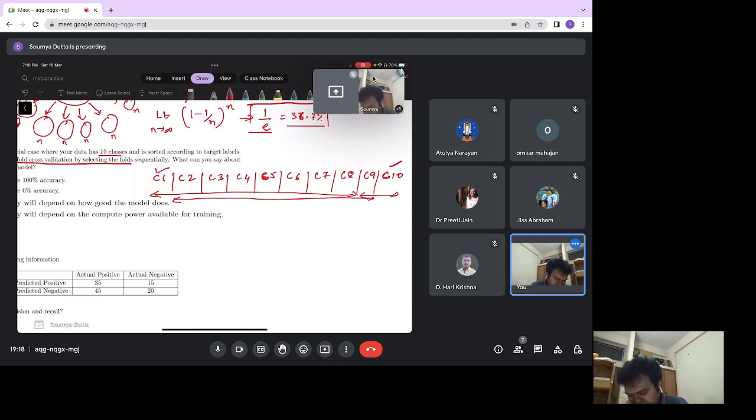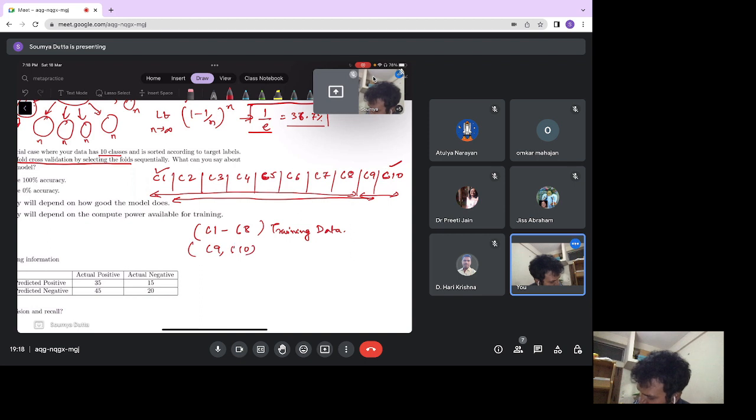So in this way what will happen is, for example, let's say I am taking the first fold itself. So C1 to C8 will be my training data, and C9 and C10 will be my testing data. Now when you train your models on C1 to C8, your model doesn't even know that C9 and C10 exist.